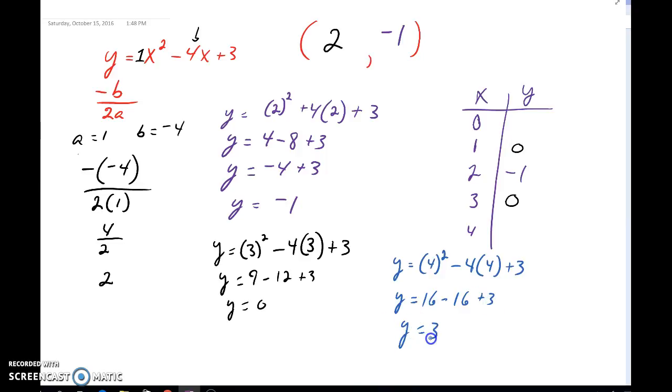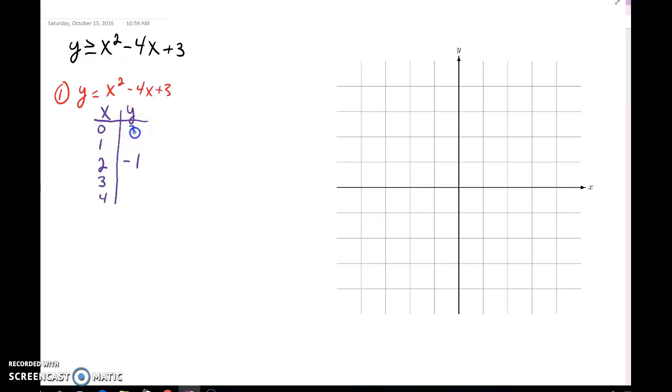So y is equal to 3. So when x is 4, y is equal to 3. And that means that 0 will also have to be equal to 3 since that's the same distance away from our vertex. So we have the points 0, 3, 1, 0, 2, negative 1, 3, 0, and 4, 3.